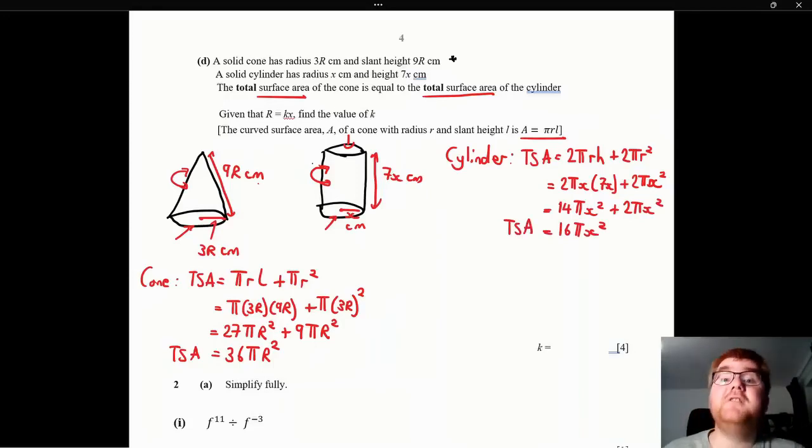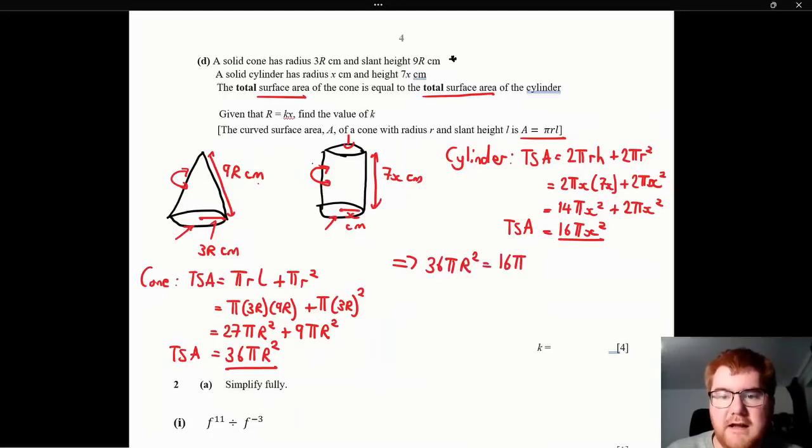So that's our total surface area now for the cylinder, and we're told that the total surface areas of the cone and the cylinder are equal. Therefore, we can say that this must equal this, and we want r on the left hand side. So we have 36 pi r squared is equal to 16 pi x squared. Okay, well, we can cancel out a pi from both sides. That's useful.